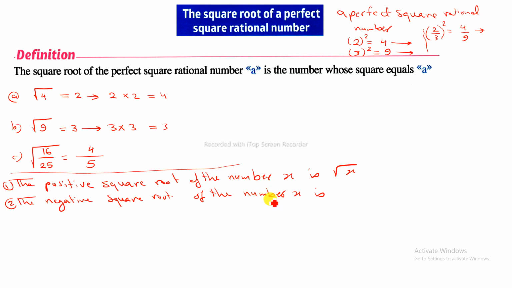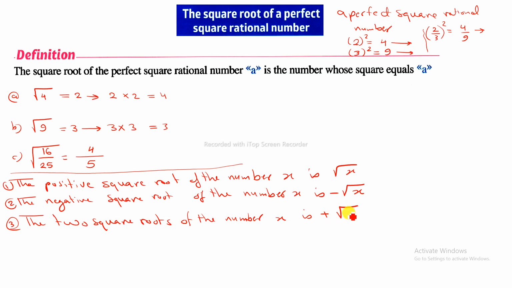What is the negative square root of the number x؟ بنكتب كده negative square root x. لكن لما نقول what are the two square roots of the number x، هنا بقى ناخد بالنا شوية. the two square roots يبقى ناخد ال positive square root of number x and the negative square root of the number x. يبقى نكتبها positive or negative square root of number x.